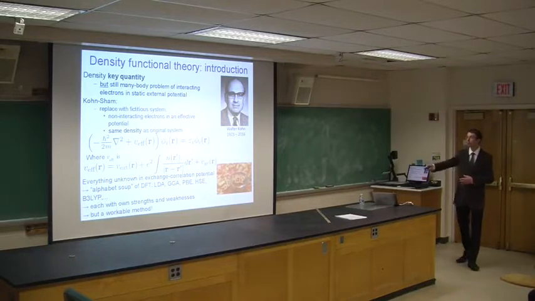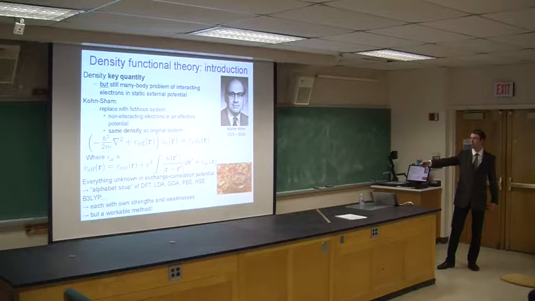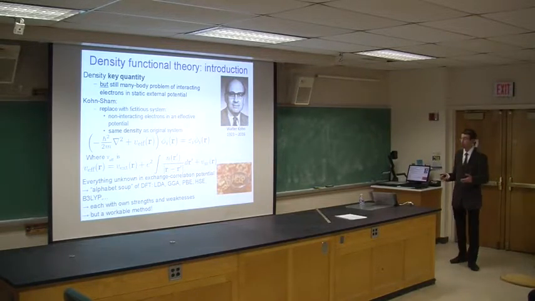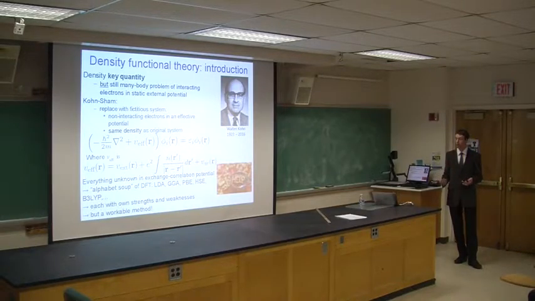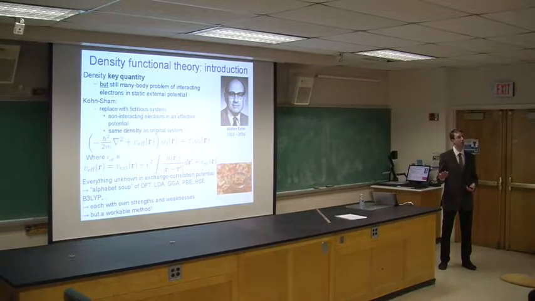You might have seen them in papers. You have the local density approximation, the generalized gradient approximation, and so on. And each of those exchange correlation potentials has its own strengths and weaknesses. But once you know what those are, you have a workable method which you can use to calculate electronic properties of your system.